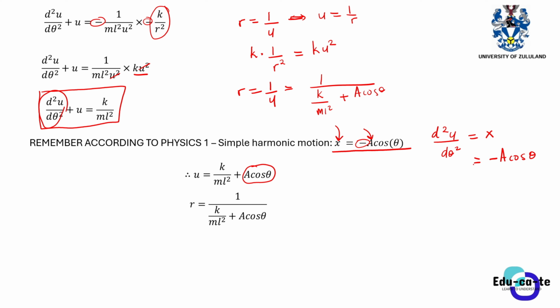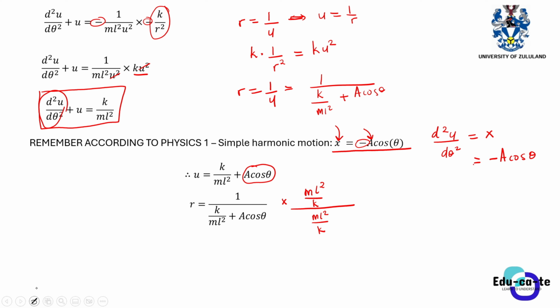And now, to simplify this and find the equation for an elliptical orbit, remember that the law of ellipses, which is Kepler's first law, states that the planets move around in an elliptical orbit. So how do we prove that? How do we find or solve the equation for an elliptical orbit? We're simply going to multiply the top with ml squared over k, and the denominator with ml squared over k as well.